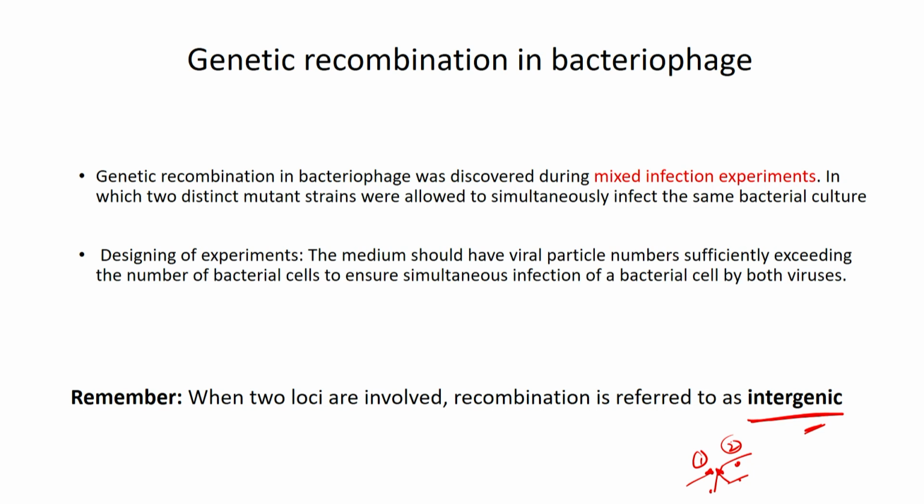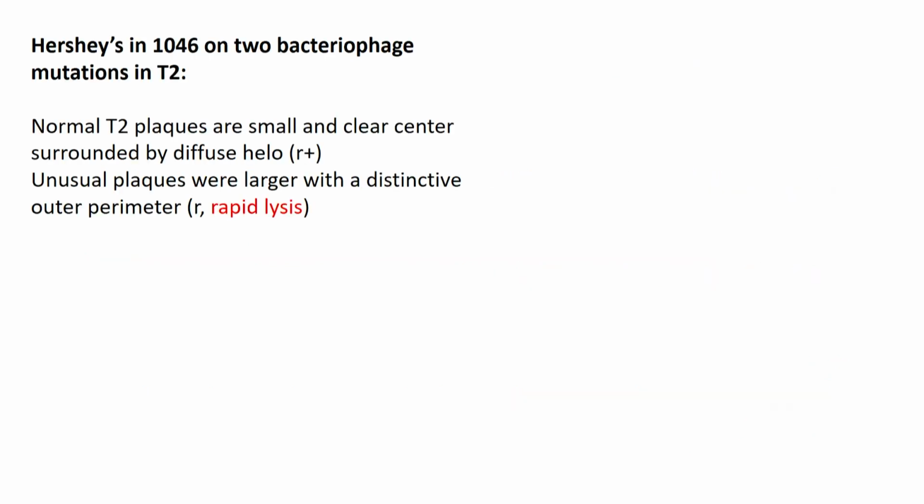The grand discovery was that recombination can even happen within the gene, that is, intragenic. We will talk about it later. So Hershey in 1946 worked on two bacteriophage strains, and the bacteriophage type was T2.